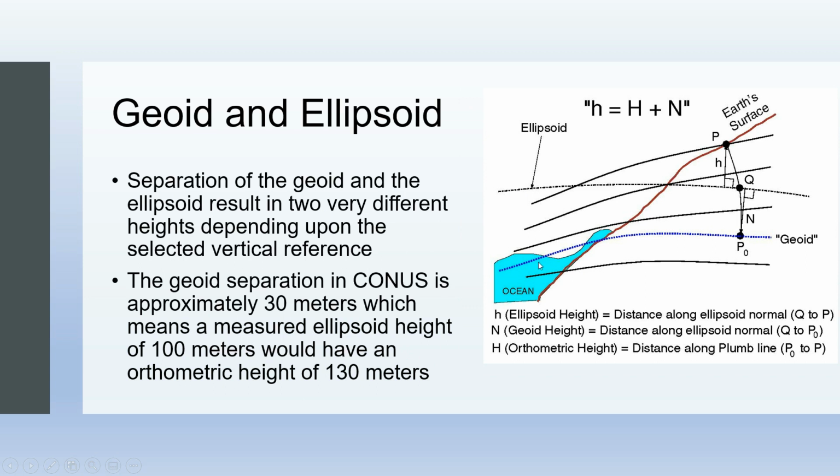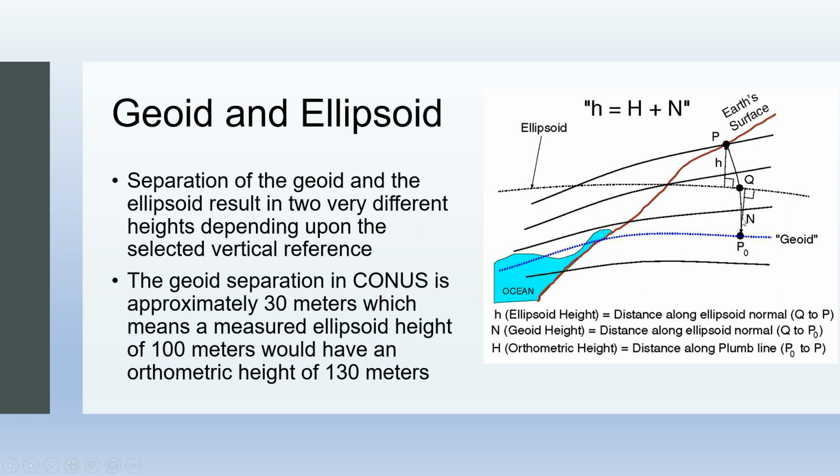The geoid is not smooth, because the gravitational effect in specific areas changes. For the majority of the United States, the geoid and ellipsoid separation is 30 meters. So the distance between the mathematical definition of the ellipsoid and what we would actually consider to be a zero elevation is a 30-meter difference.